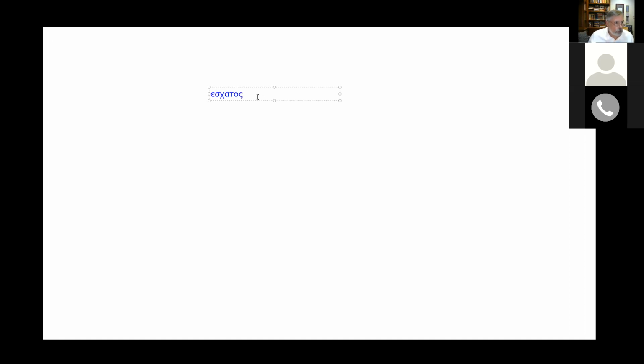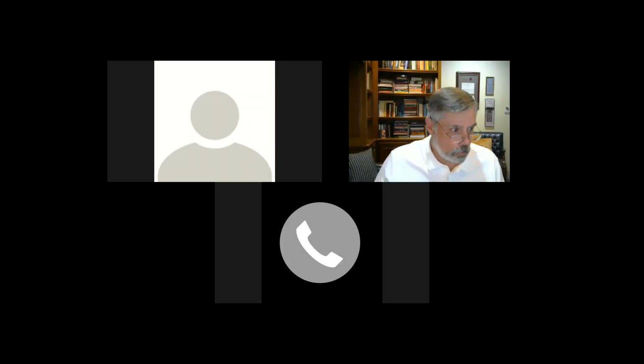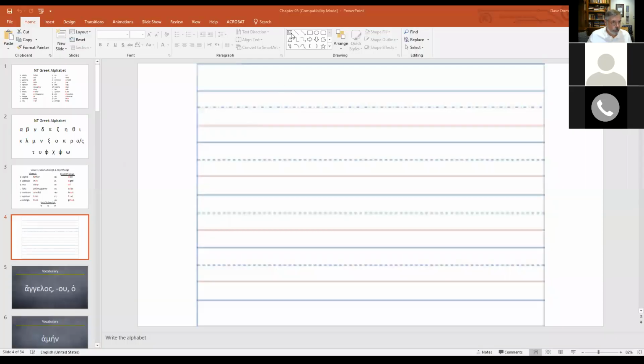I need to divide these words. One vowel per syllable. Okay, now I know I can do it.